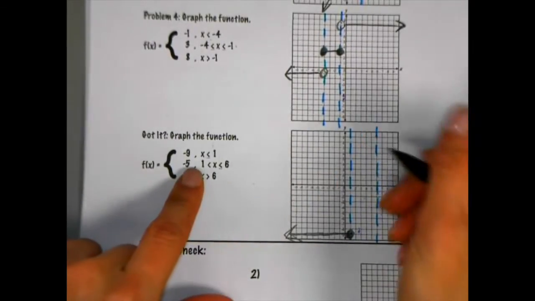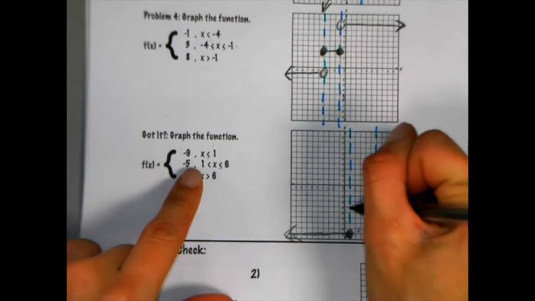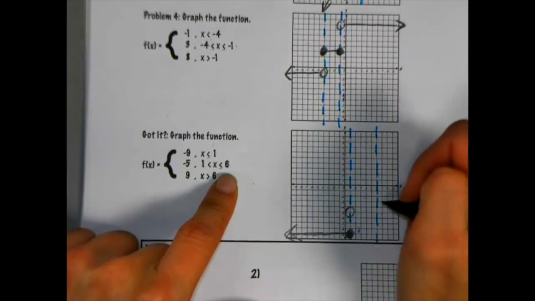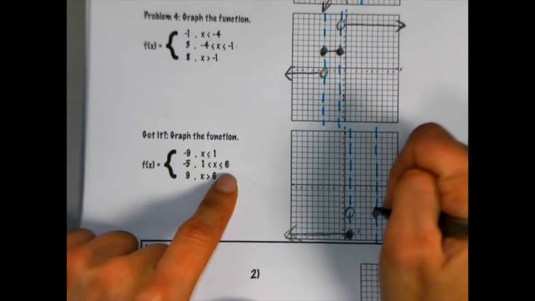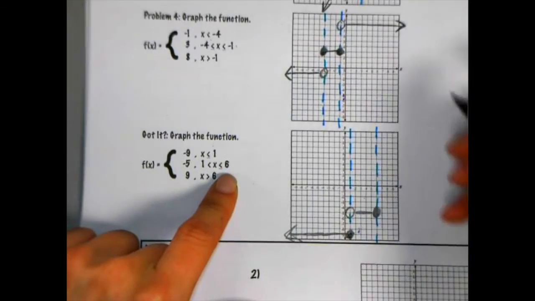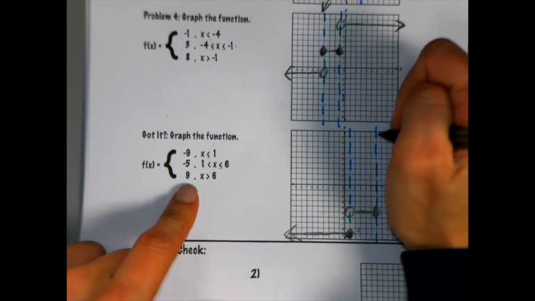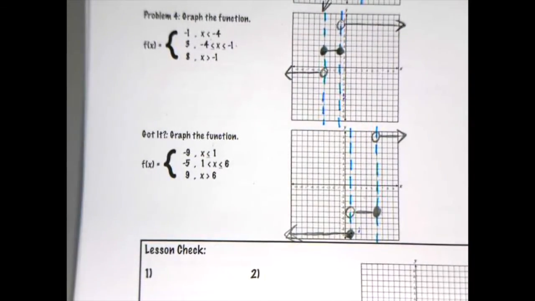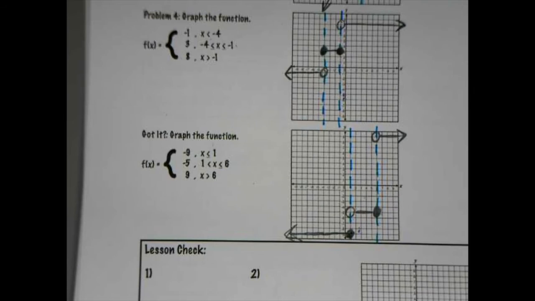Okay, and then at -5, so this one should be open because the other one was closed. And then is it open or closed at 6? Okay, so then the next one should be open, and that's at +9, going this way. That's what it should look like. Good? Cool.